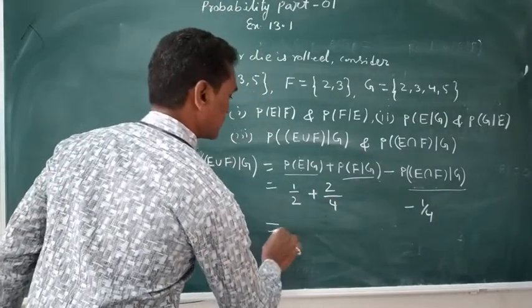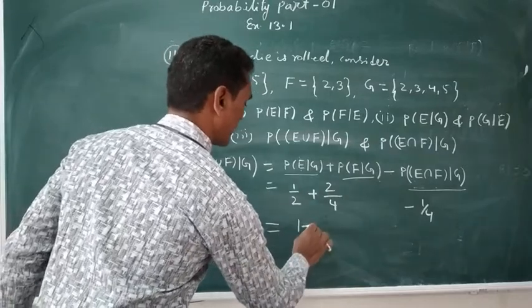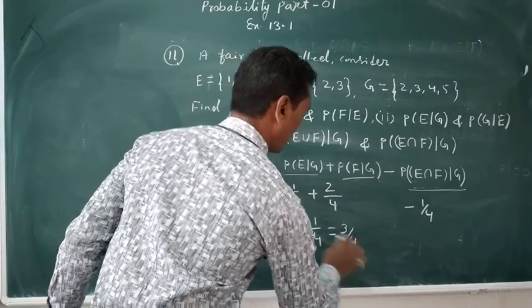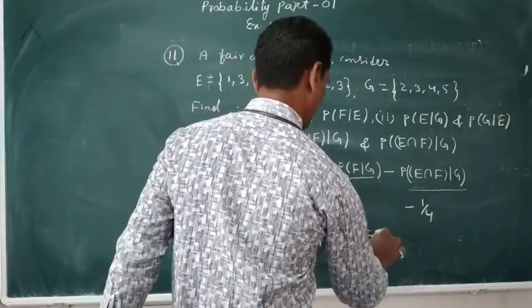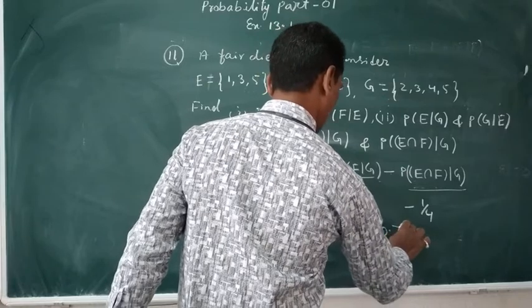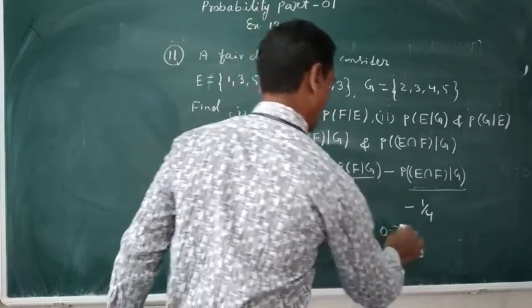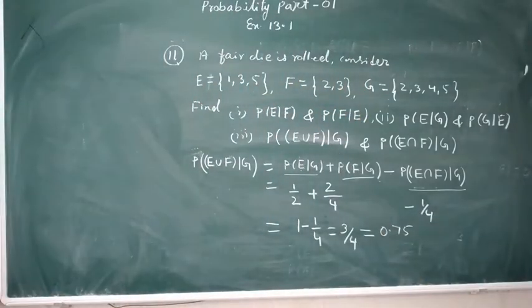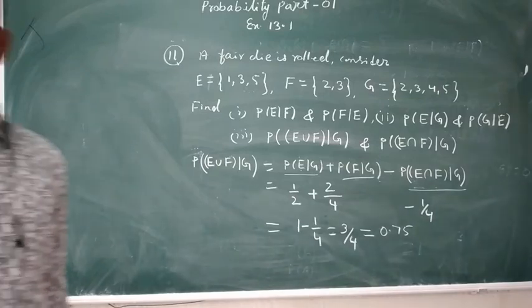So this is equal to 1 by 2 plus 1 by 2 minus 1 by 4, that is equal to 3 by 4. If you divide this, 0.75. Okay, thank you.